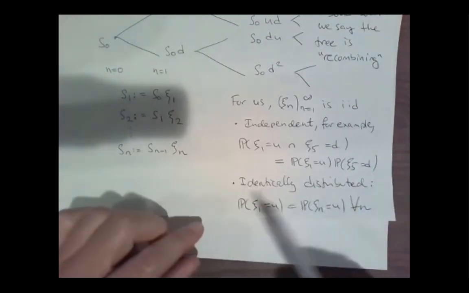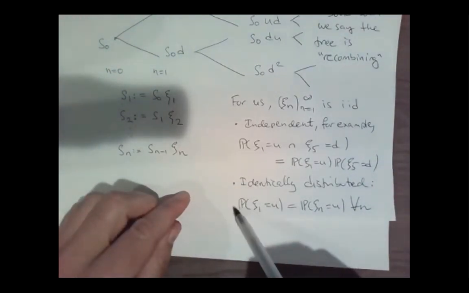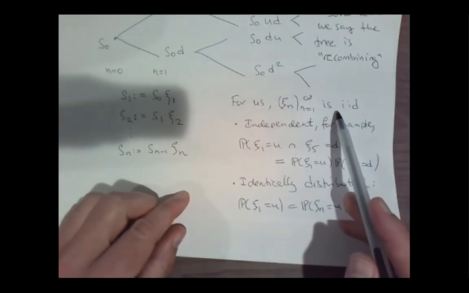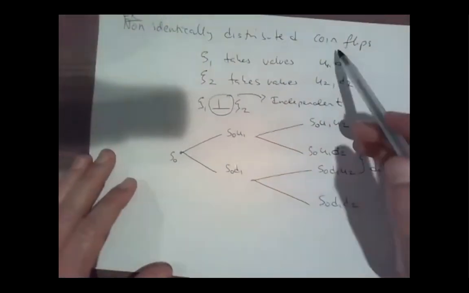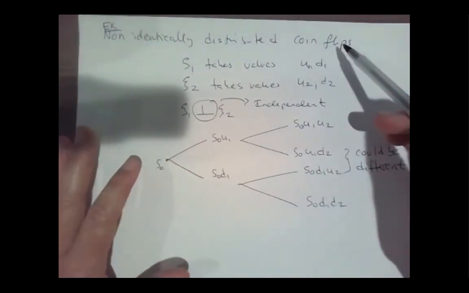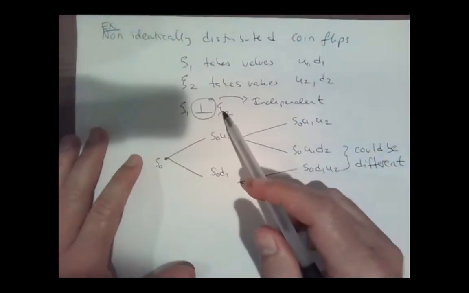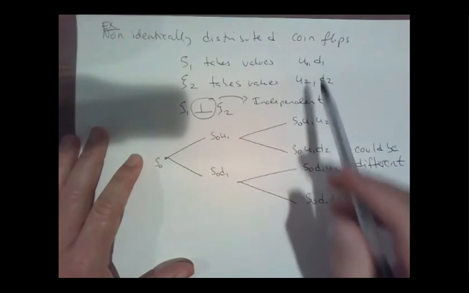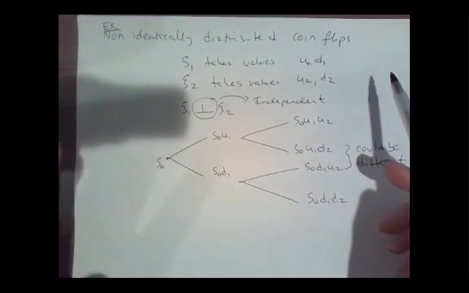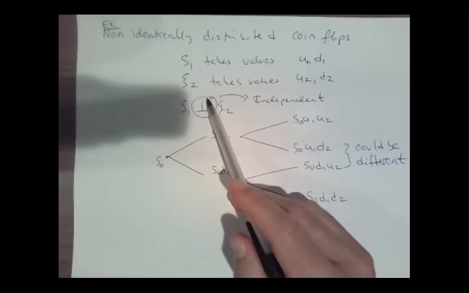But I could relax this last part and just keep the independence. So I could look at a model that had coin flips that were independent, but not identically distributed, because they don't even take the same values.